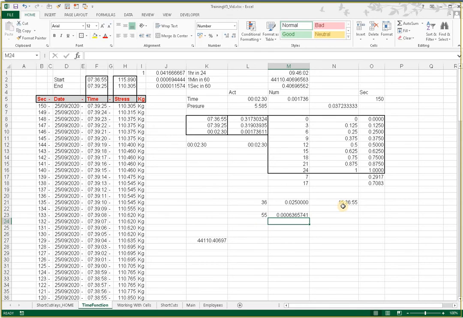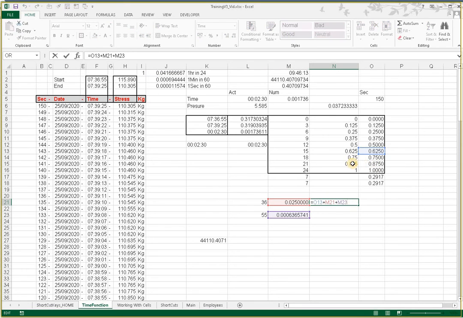Oops, sorry, I took the wrong number. So now we are at 7:36:55, which is exactly the time.